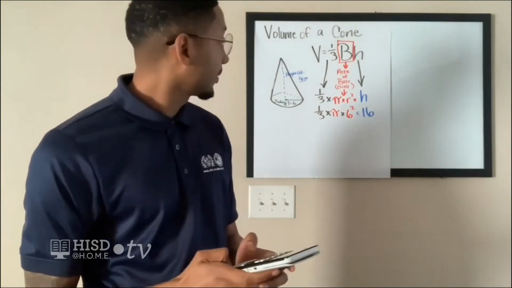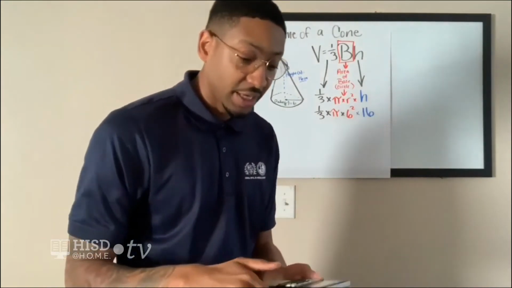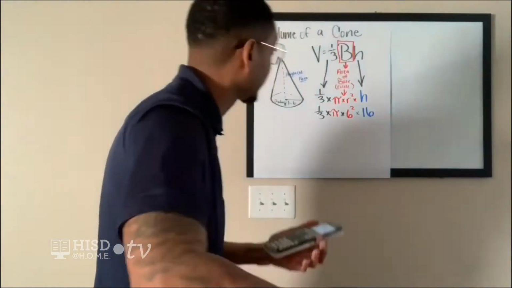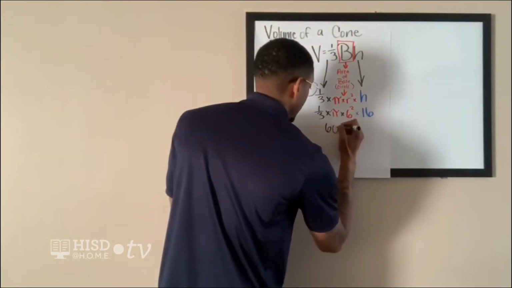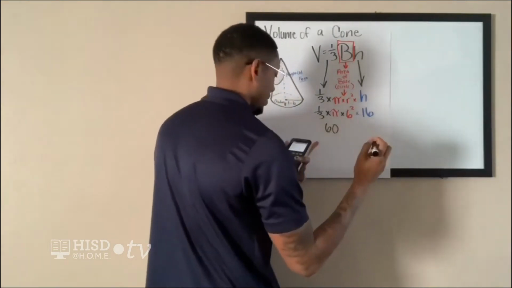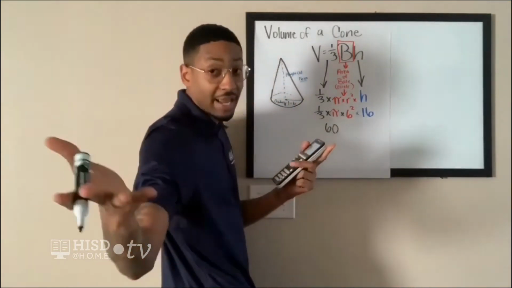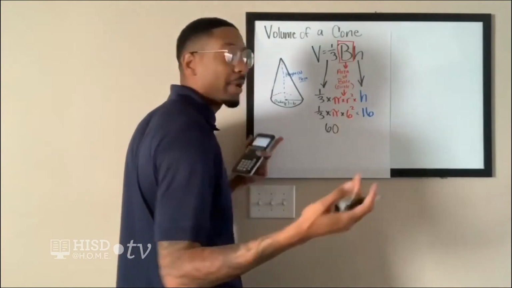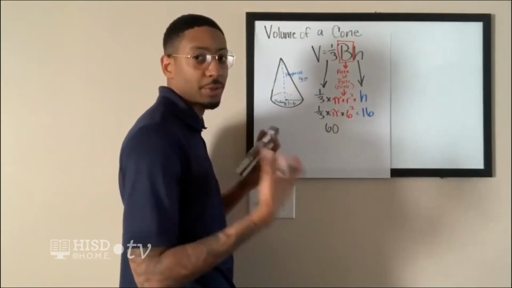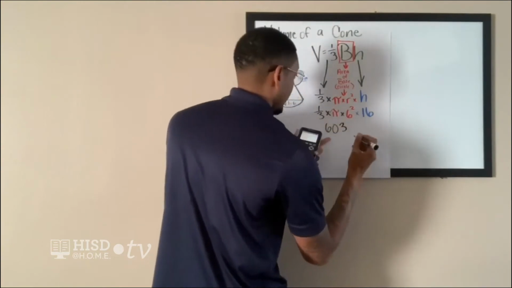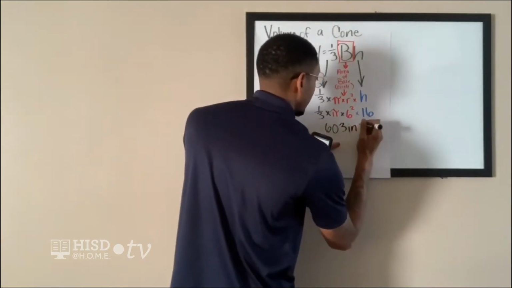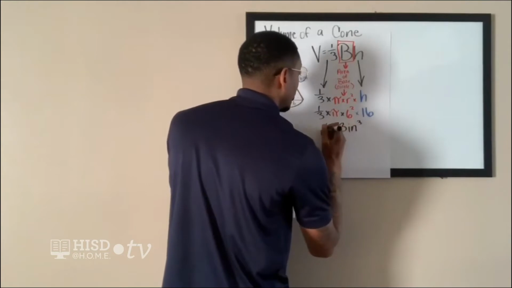Times 16, which gives us 603.1900s, which when we round it to the nearest whole number is what I'm going to do today. I have 603 inches cubed, or cubic inches.